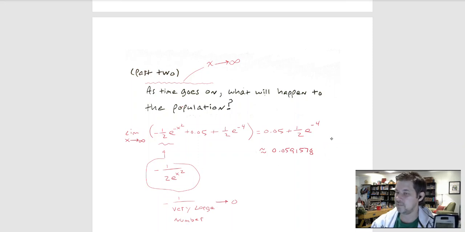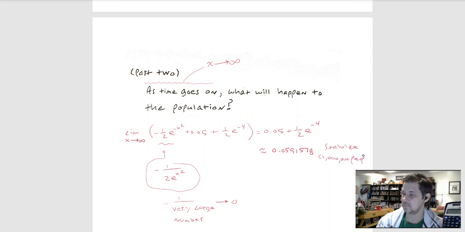It will stabilize at that number. And I think that on my math lab, the way this question is, it will ask you what the long run population is. Okay, now remember, this number is in millions. Remember we talked about the units before? Okay, so here's my long run population, stabilizing at that number. My units are in millions of people.